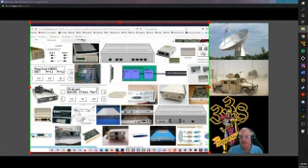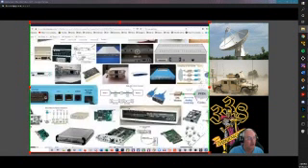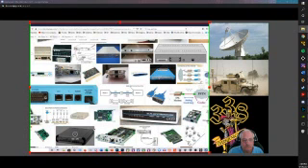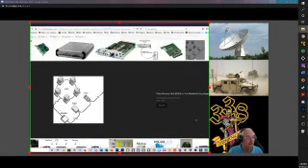I'm trying to find out if we have anything else here that I can give you. Ah, here we go. Does that explain it? Take a look at the diagram I have up here. So DSU is on the customer side, CSU is on the other side. I'm saving that one.